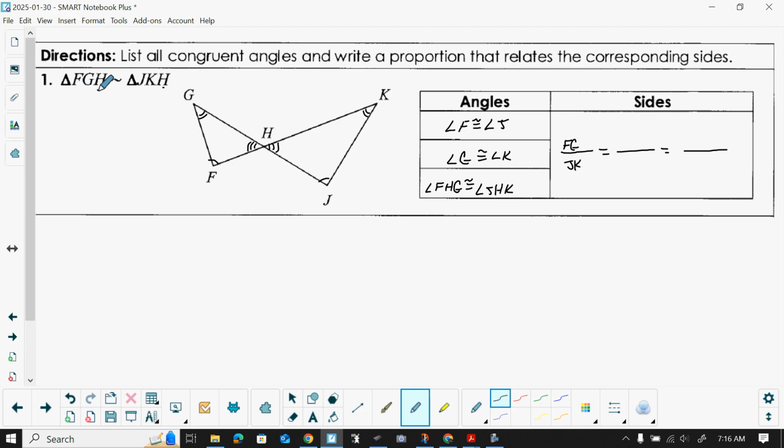The second two letters are GH, second two letters are KH, so we'll go GH and KH. And then we're going to go to the first letter and the last letter, FH. That's this side. It'd be JH, first letter, last letter, FH, and JH. And that's how you answer number one. There's a question like this on the test as well.